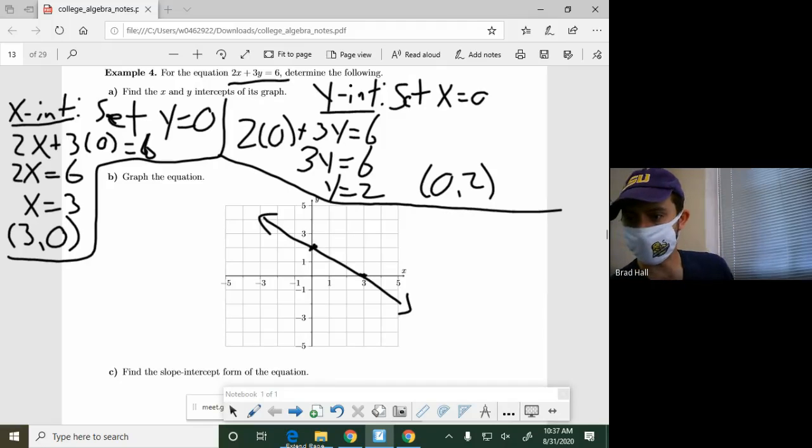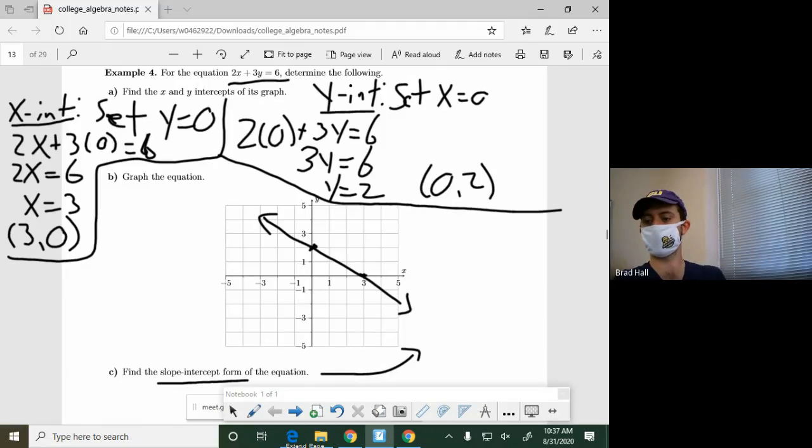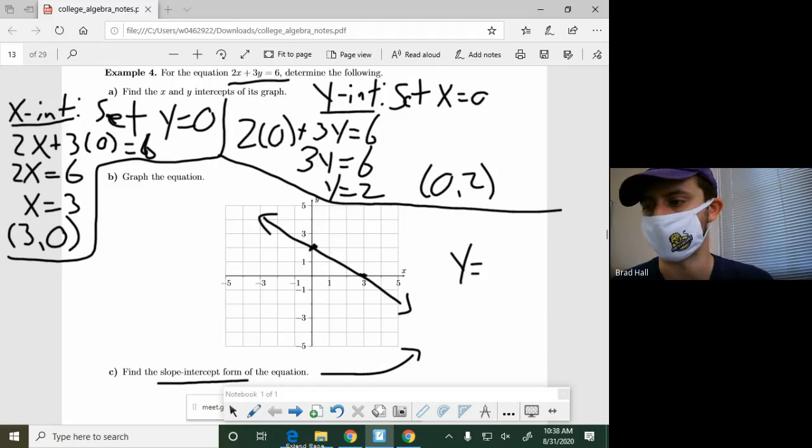So part C, I'll go ahead and put that up over here. Part C wants us to find the slope-intercept form. Let's remind ourselves, slope-intercept form is y equals mx plus b.